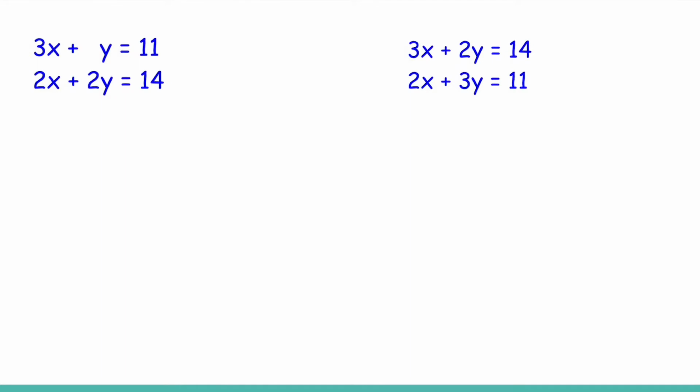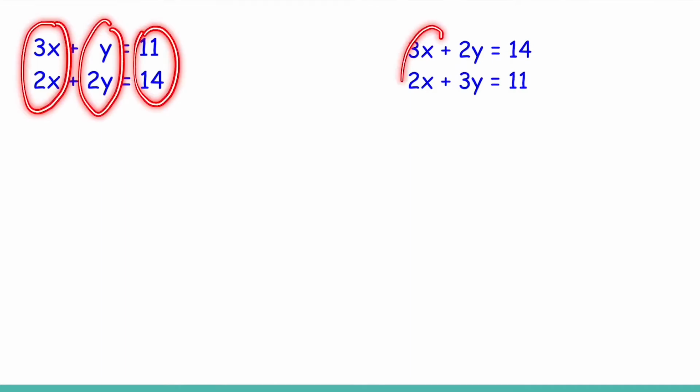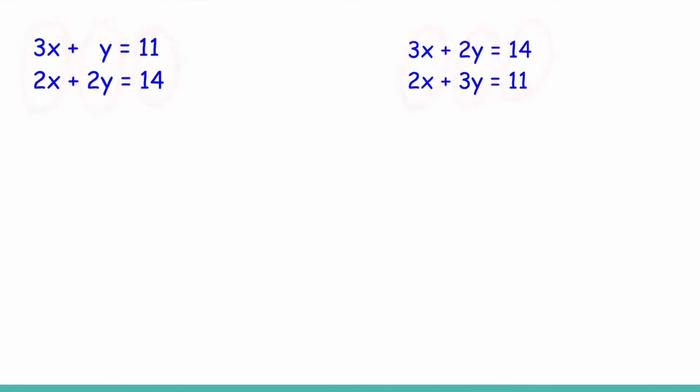These questions are also going to lend themselves to elimination, since the variables are all stacked together. However, there isn't a coefficient the same for both of them. So 3x and 2x, I can't just subtract those or add them, and I've got 1y and 2y. So instead, sometimes we need to manipulate one of the equations, and in this case, I'm going to multiply the top equation by 2.